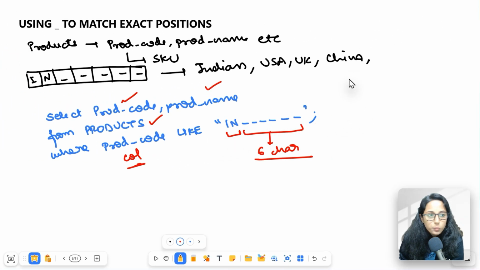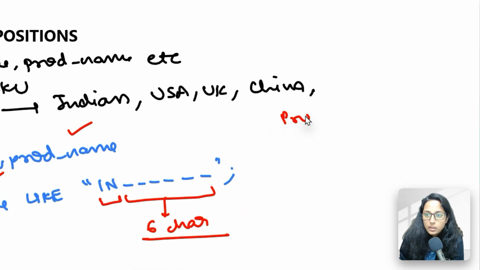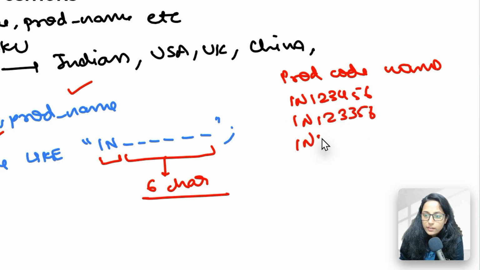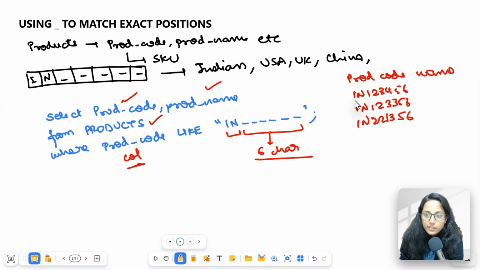Then in my output, I will have my product code and name, and my product code would be starting with IN. For example, IN123456, or IN123356, or IN223356, anything related to my starting IN characters. So that's how we use this underscore keyword.